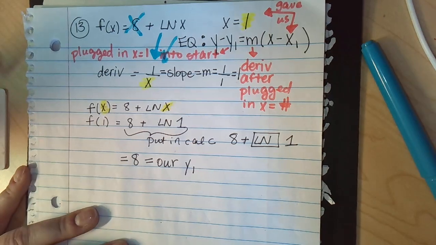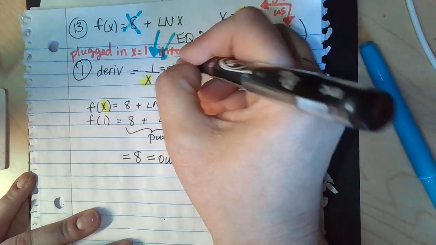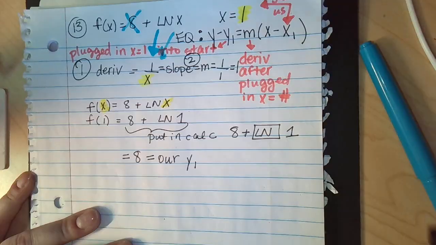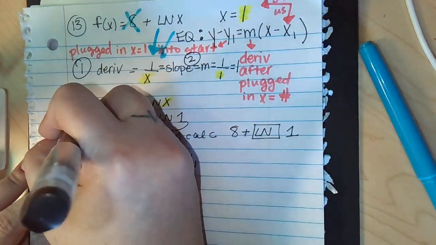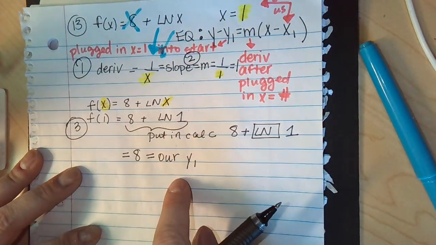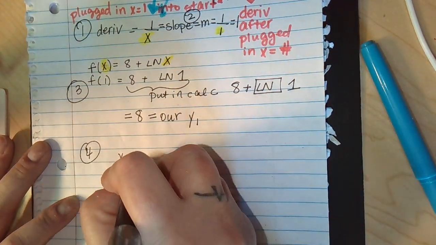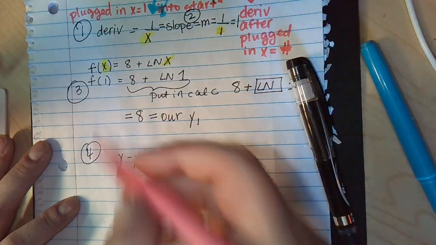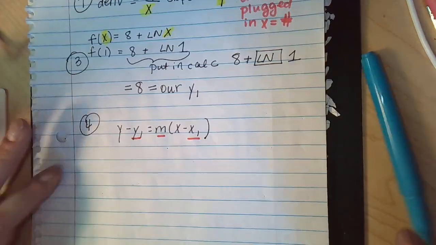All right, so our very first step was to take the derivative, and we got 1 over x. My second step was to plug in that x equals 1. My third step was to figure out our y1. And now my fourth step is to plug it all in, into these 3 spots: the x1, y1, and the m.